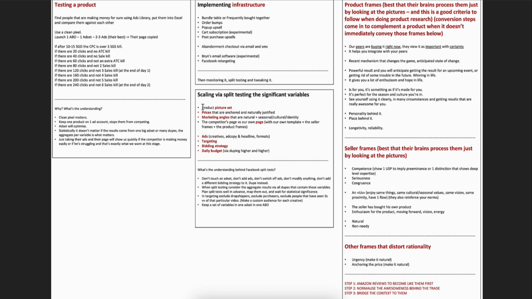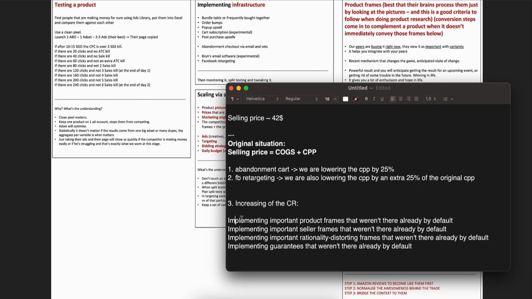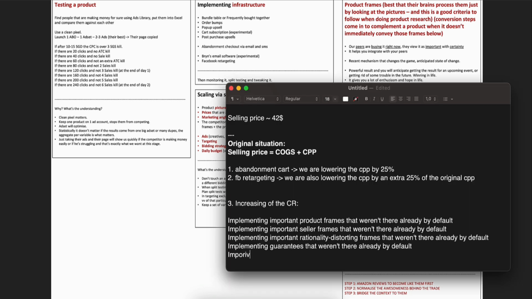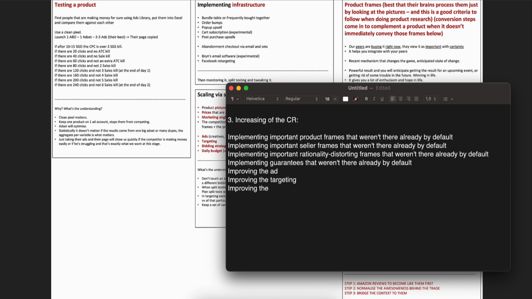Now there are the split tests. So apart from implementing the frames, we have improving the ad, improving the targeting, improving the bidding strategy plus bid, improving the daily budget sweet spot of Facebook.